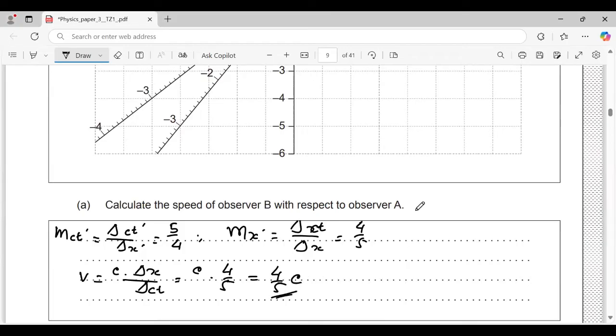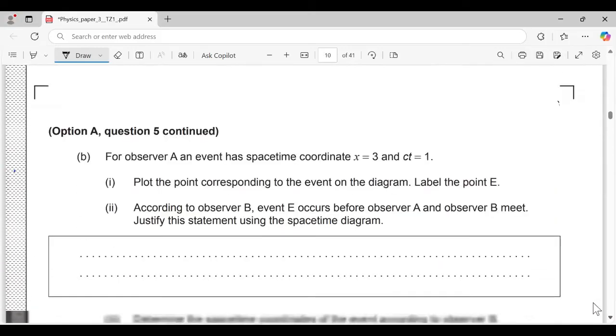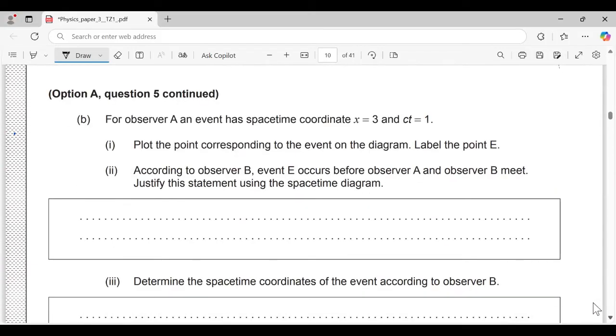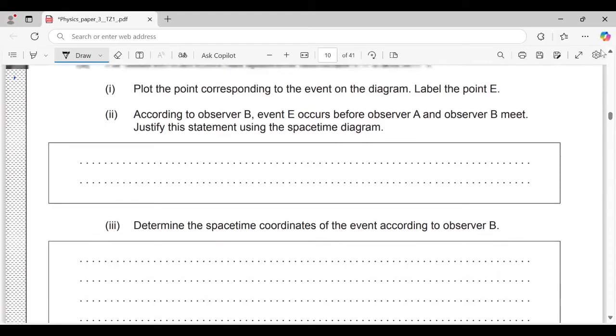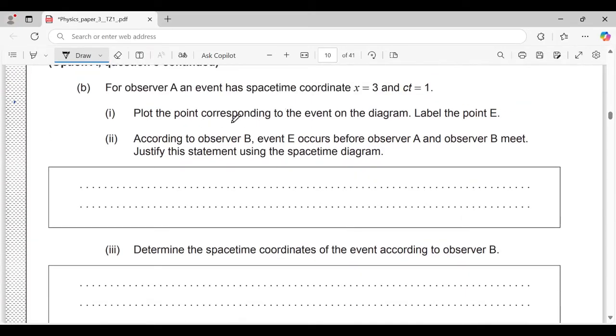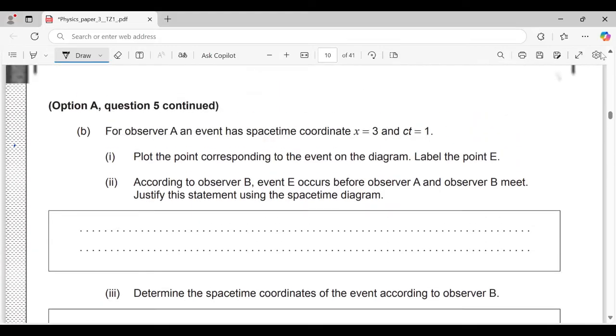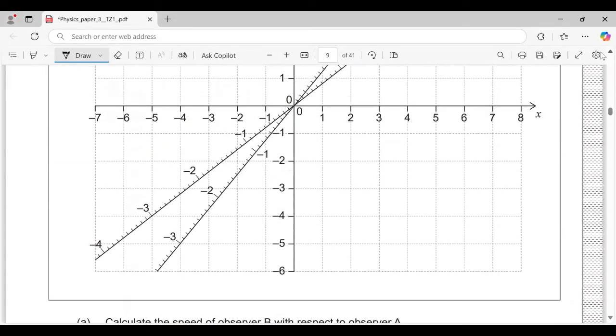This for observer A: an event has spacetime coordinates x equal 3 and ct equal 1. Plot the point corresponding to the event on the diagram, label the point E, right?